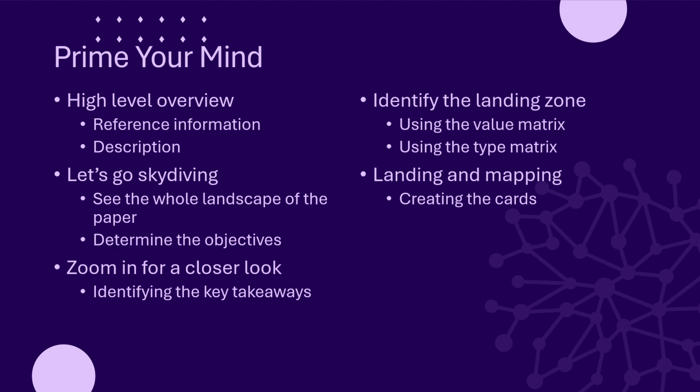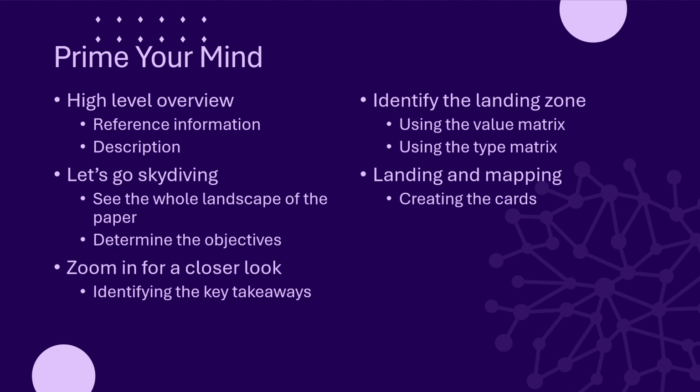In our next videos, we're going to go skydiving, so to speak. We're going to look at the whole landscape of the paper. We're going to review again, page by page, paragraph by paragraph, and we're going to determine the objectives. What are the things that come out to us from an organizational or architectural perspective?